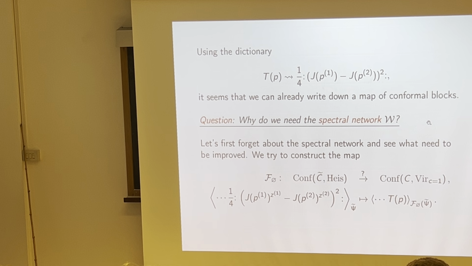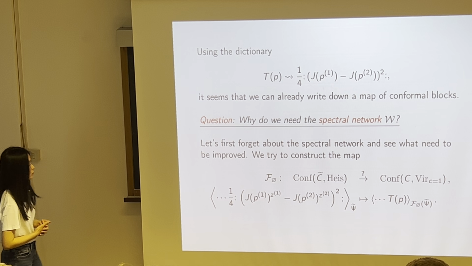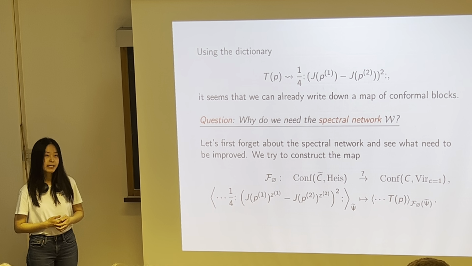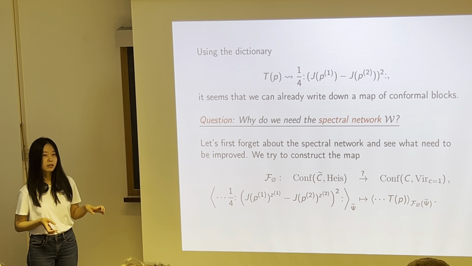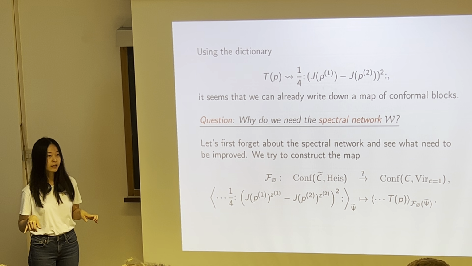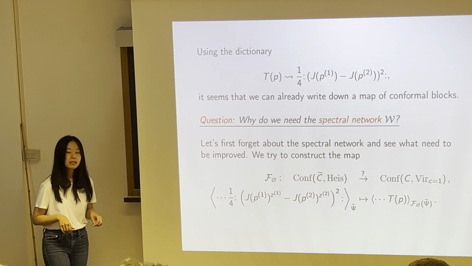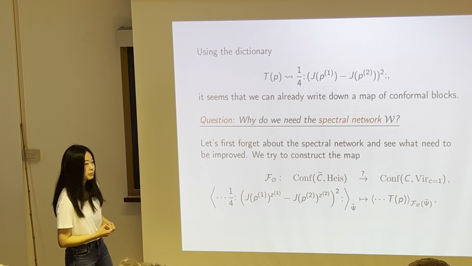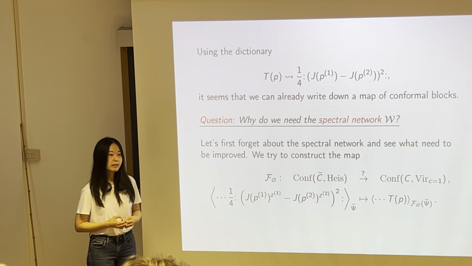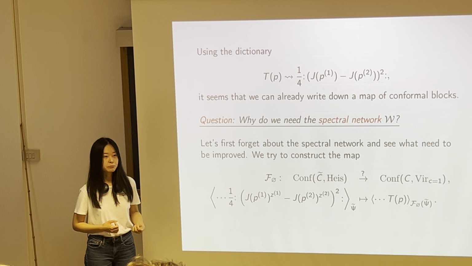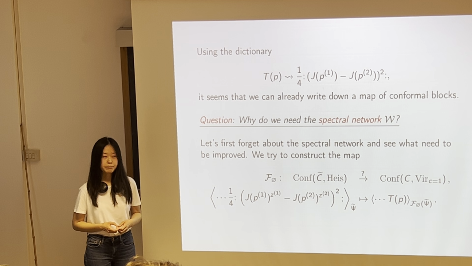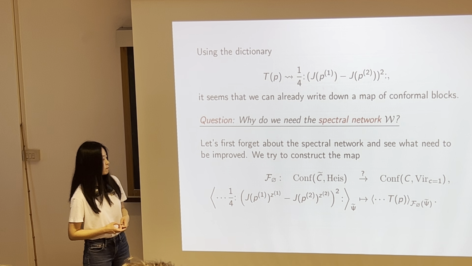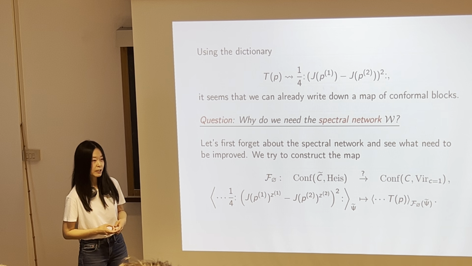But now you might have a problem, which is if we already have this dictionary and we can insert it to both the Virasoro correlation function and the Heisenberg correlation functions, it seems to already give us a map between the 2 sides. So why do we even need to use the spectral network, and what's the role of it? In order to explain this point, I'm going to first forget about the spectral network.